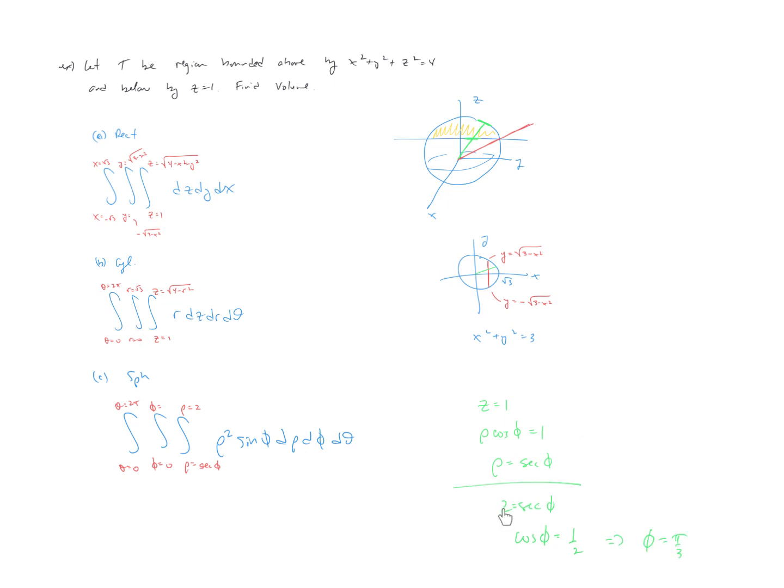So again, that 2 right there came from this 2 right here, which came from this up here. So if I take these two things equal and solve it, that's going to give me my pi over 3. So from 0 down to pi over 3. So I'll punch the pi over 3 in there.